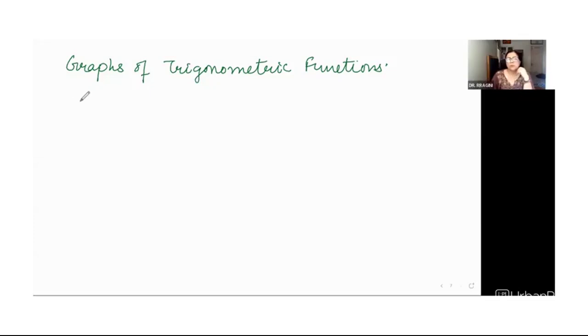The first trigonometric ratio is y is equal to sine x. Right? Now this is a function. We had learned about functions in chapter 2. You can go back and watch those videos. Sine x is a function, so you must first of all know what kind of function it is.